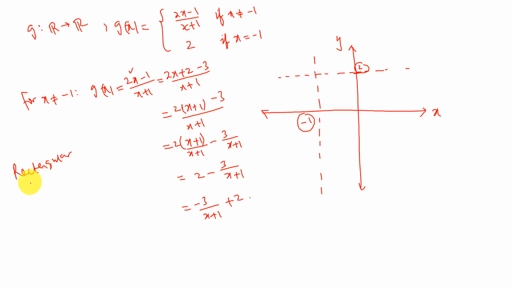Right, the rectangular hyperbola has the function a divided by x plus p, plus q.